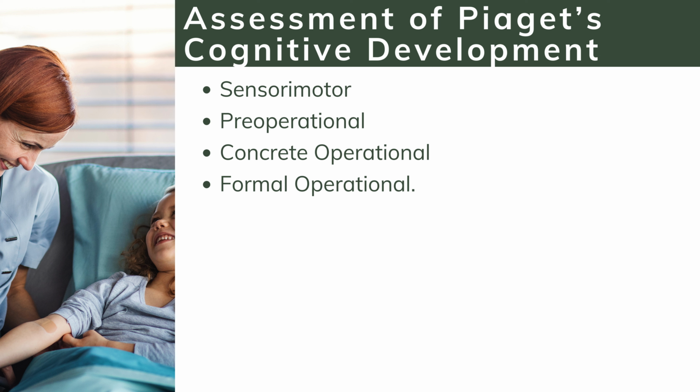From 2 to 7 years, or the pre-operational stage, egocentrism and symbolic thinking. From 7 to 11 years, or the concrete operational stage, logical reasoning and understanding conservation. From 12 years and above, the formal operational stage, abstract thinking and hypothetical reasoning.